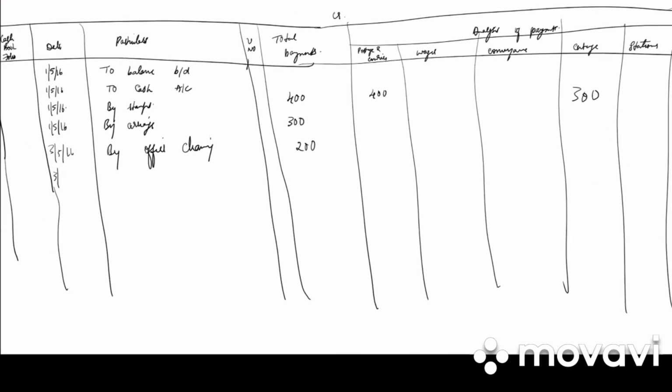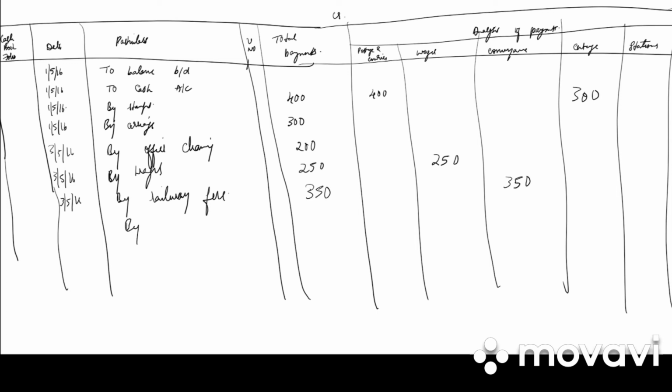Then we have on 3rd May by wages, 250 under the wages column, 250. Then again on 3rd May we have by railway fare, 350 under conveyance, 350.